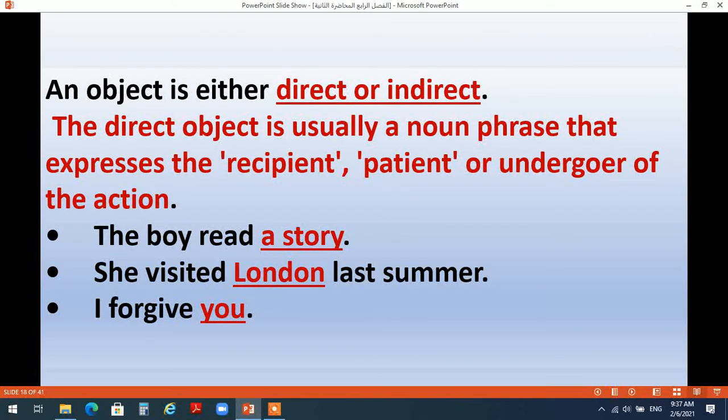Here the word patient معناها affected by the action of the verb or undergoer of the action أي وقع عليه تأثير فعل تلك الجملة. For example, we say the boy read a story. إذن a story راح يكون هو the direct object. She visited London last summer. London will be the direct object. I forgive you. You will be the direct object.